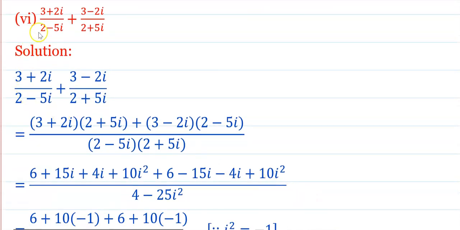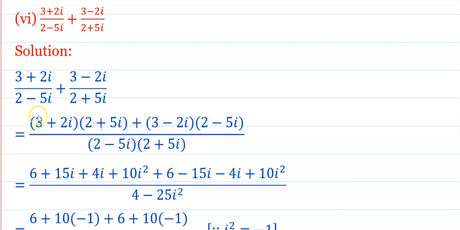Now next, 3 plus 2i upon 2 minus 5i plus 3 minus 2i upon 2 plus 5i. Okay. Now we want to express it in the form of a plus ib. So what can we do? Simplification: cross multiplication. Okay. 3 plus 2i into 2 plus 5i. Second bracket: here the sign is plus, here plus. 3 minus 2i into 2 minus 5i.